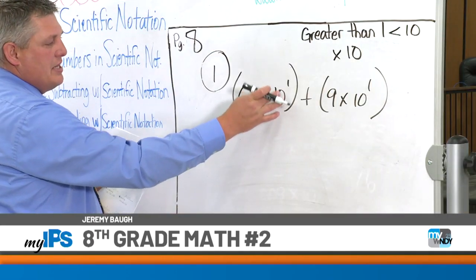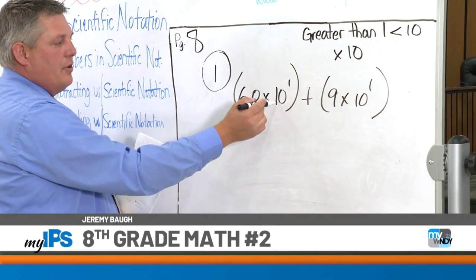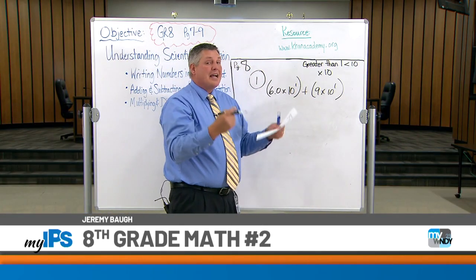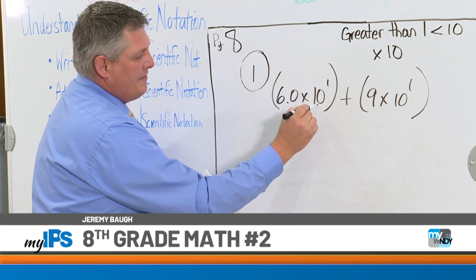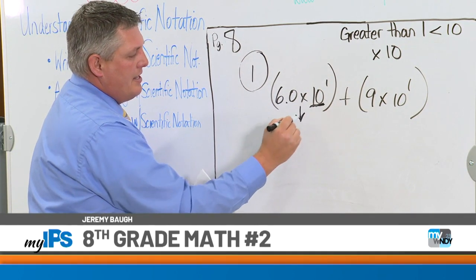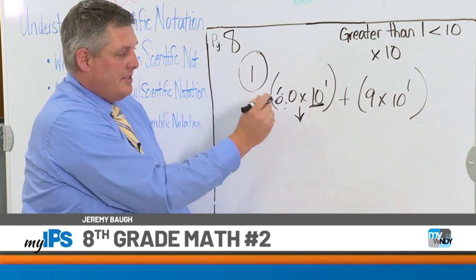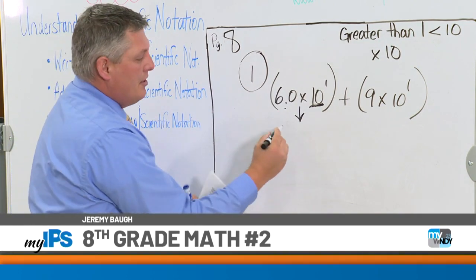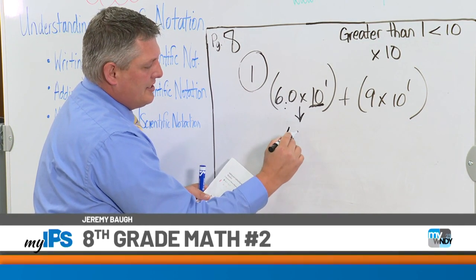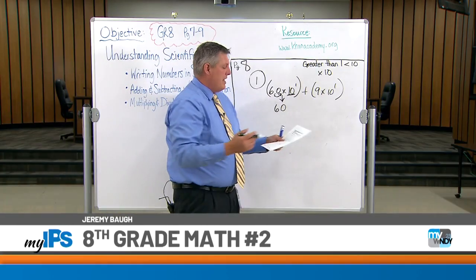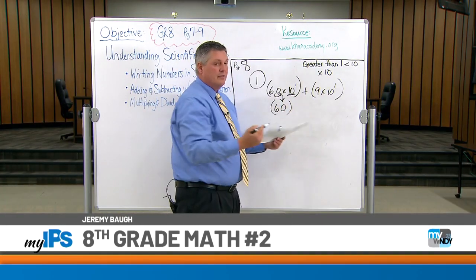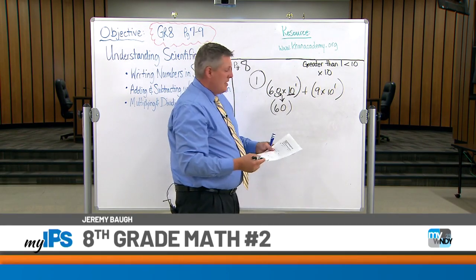What does this mean? 10 times 1. Well, I know that a number times 10 simply adds a 0. So in this case, if I take 10 times 6.0, what do I get? I actually just get 60, and I did that because that decimal just moved over one place. So that number right here is just 60. That's all it is. That's what that means.